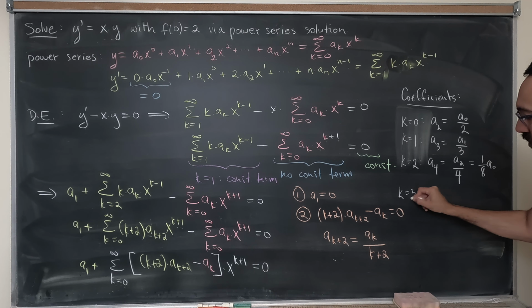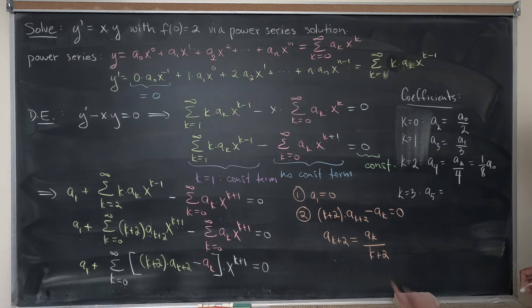For k equals 3, we have a sub 5 equals a sub 3 divided by 3 plus 2 is 5. But a sub 3 is a third of a1, and a third of a1 divided by 5 is a 15th of a1.